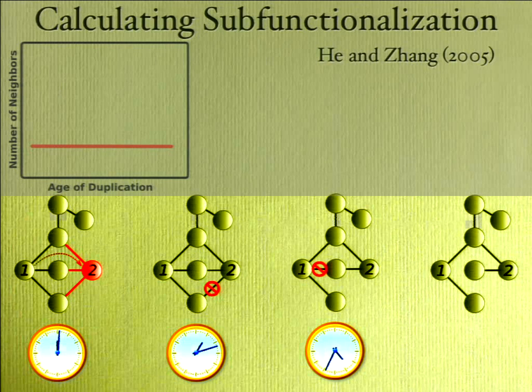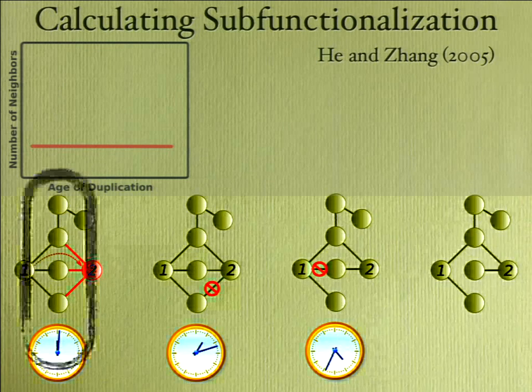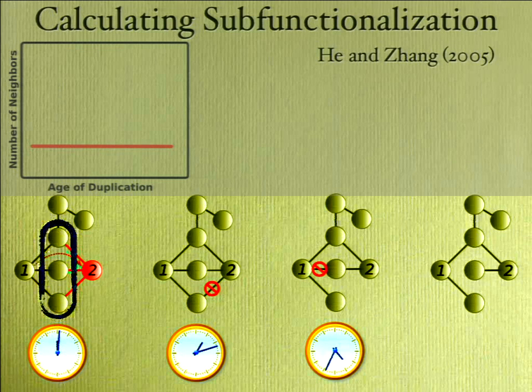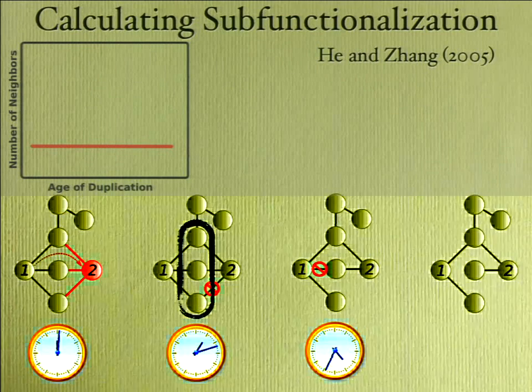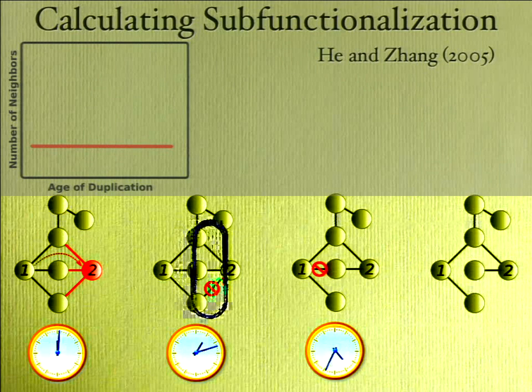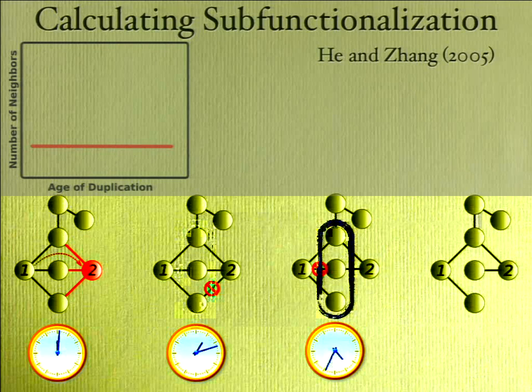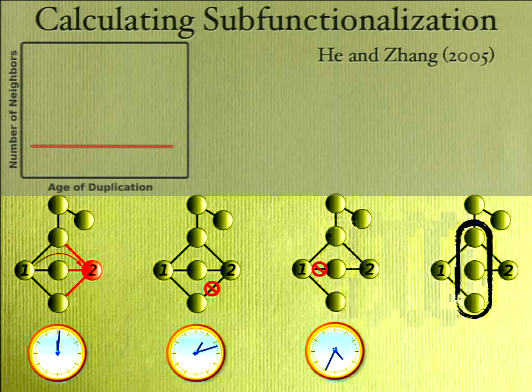So He and Zhang made an observation about subfunctionalization, and that is that if subfunctionalization is the only thing that's occurring in the network, what you're going to expect to see is that as those interactions are partitioning between expressed genes, the duplicates, the number of interacting partners between those duplicates is not going to change.